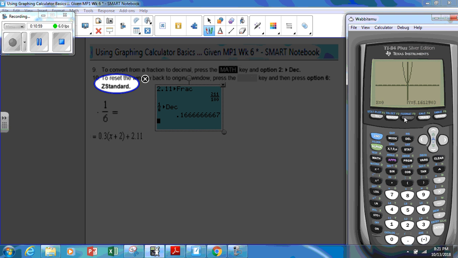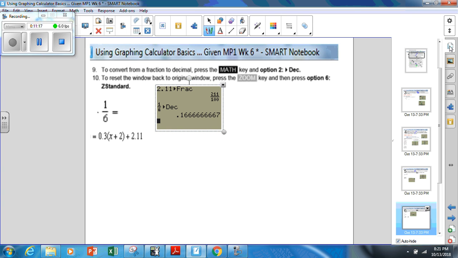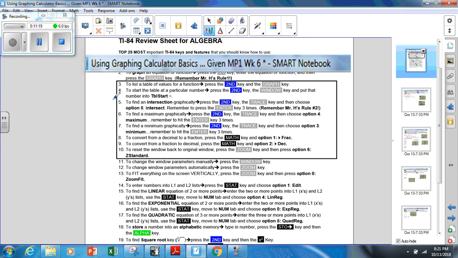Okay, guys. In this short video, we reviewed these very simple techniques to list a table of values for a function, to start the table at a particular number, to find the intersection graphically, to find the maximum and the minimum graphically, to convert a decimal to a fraction to a decimal, and how to reset the window.